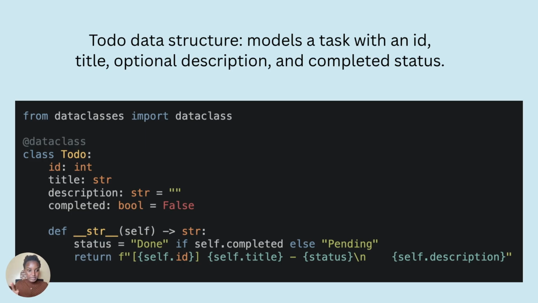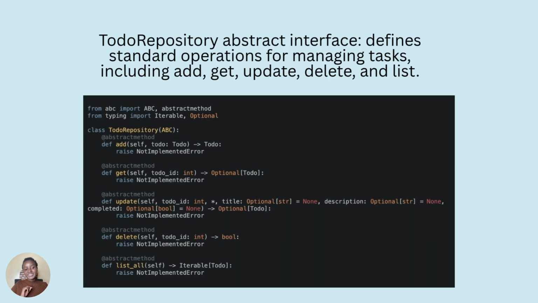So we're seeing that I used Python for this because it's easily readable for most people. Our data classes have ID, title, description, completed, and in the representation we can now check the status. That's on the representation level. So we needed the structure.